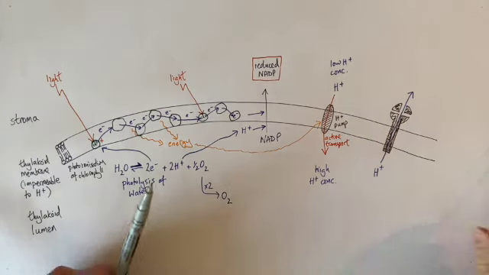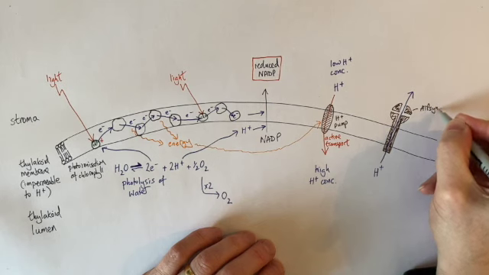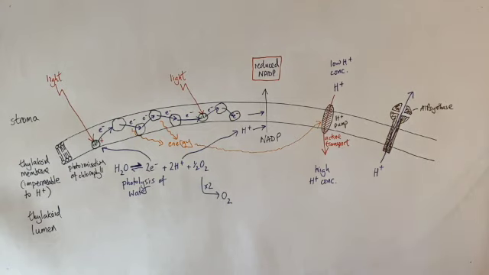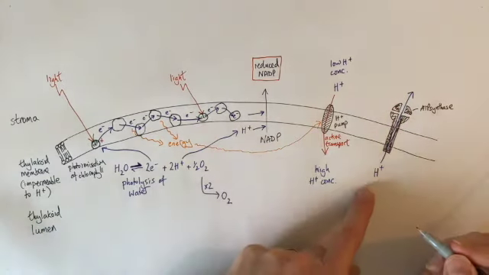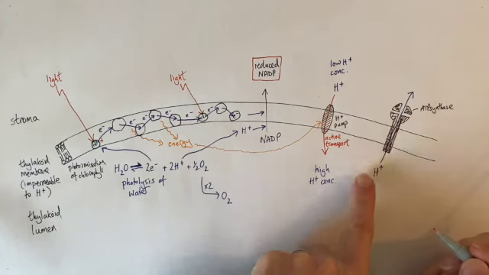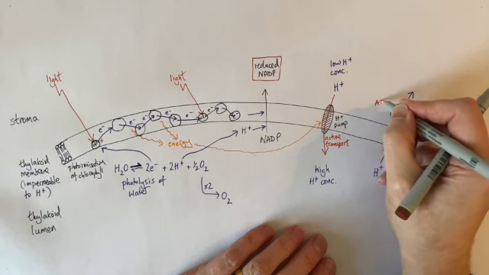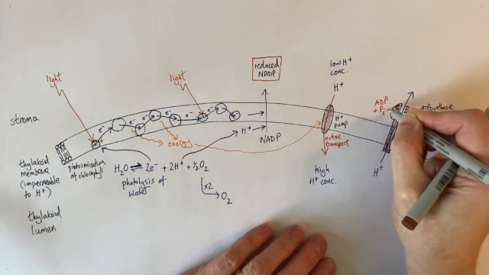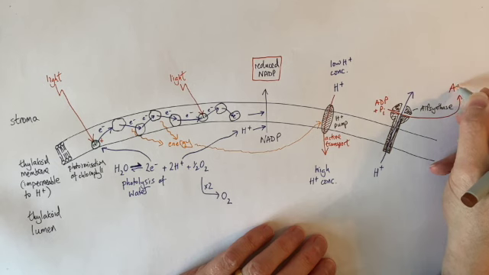And that enzyme is called ATP synthase. And what that enzyme does is this. It uses the energy that is being released by the hydrogen ions flowing down their electrochemical gradient to join together ADP and inorganic phosphate to make ATP.